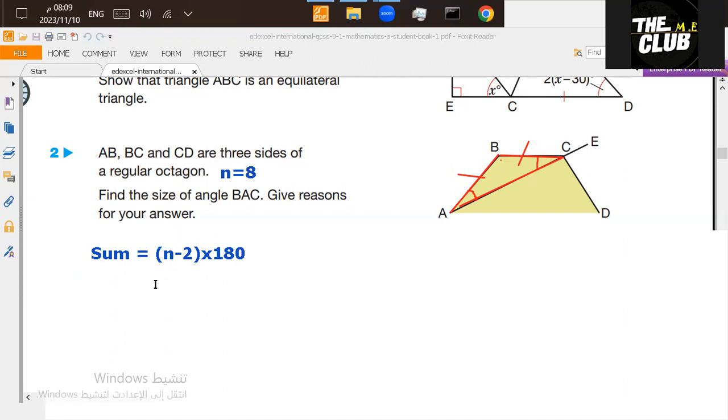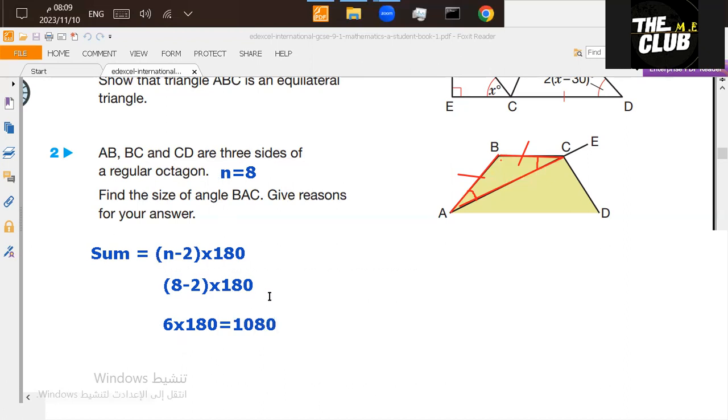So n equals 8. So 8 minus 2. Okay. And then I multiply it by 180. So 8 minus 2 times 180. So 8 minus 2 equals 6. 6 times 180 will give me the sum of the angles. So 6 times 180 is going to be 1080.